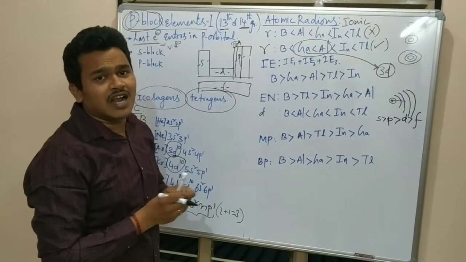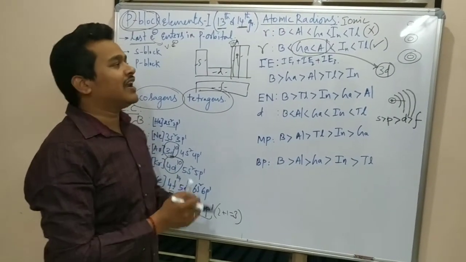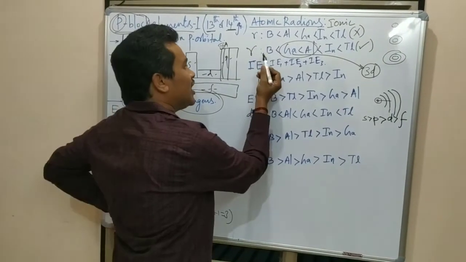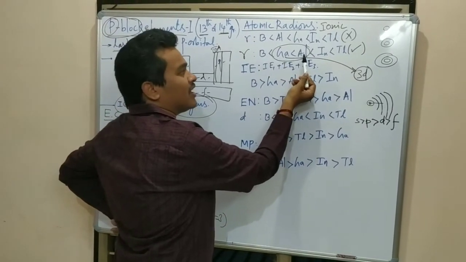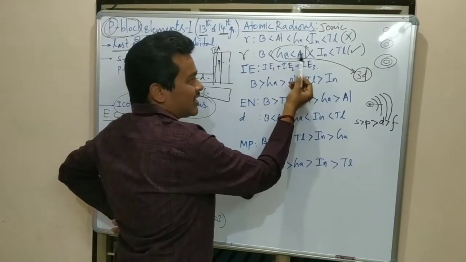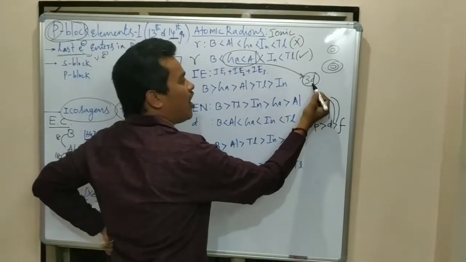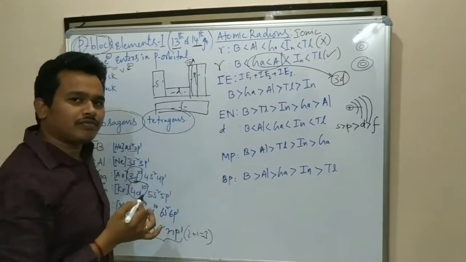When the valence electrons come closer to the nucleus, automatically the radius decreases. That is why, when you talk about the radius, gallium is comparatively smaller than aluminium. This is the correct radius. That is due to the poor shielding effect of 3D orbitals in gallium.